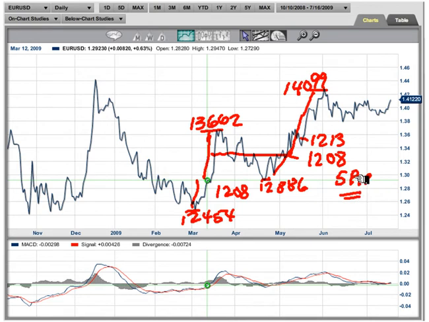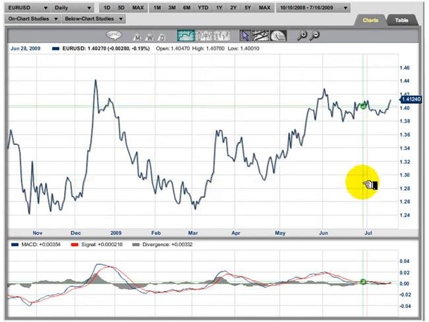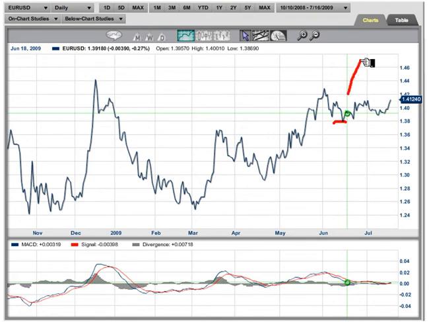So what's going to happen? If we're correct, and this is an energy field, which we believe it is, remember the average here is approximately 1210. So if we're right, the market should move from here to the upside 1210 pips.